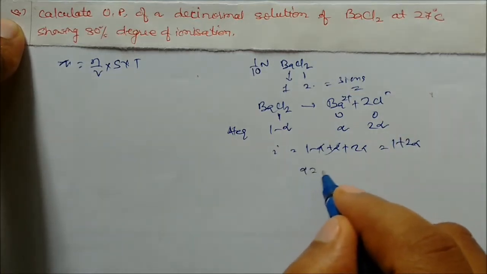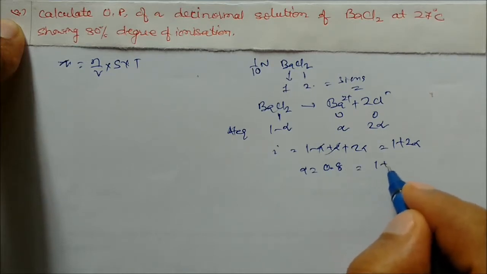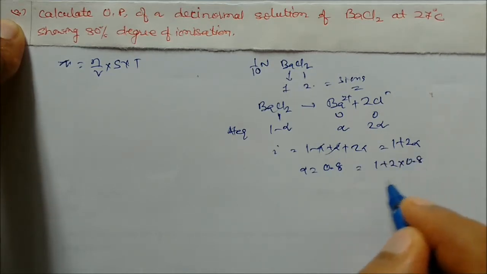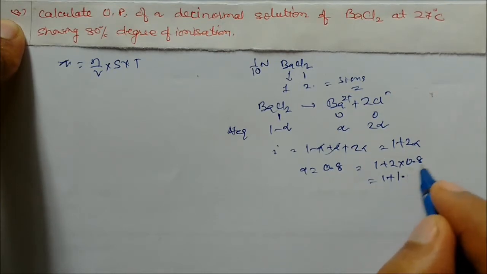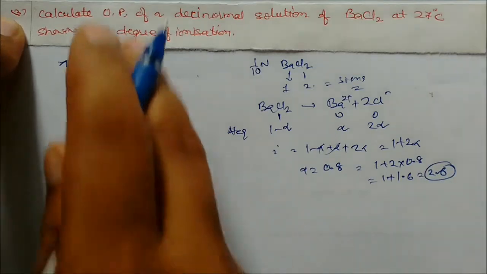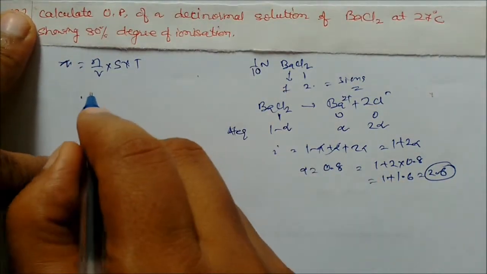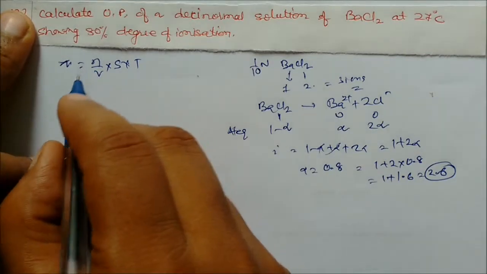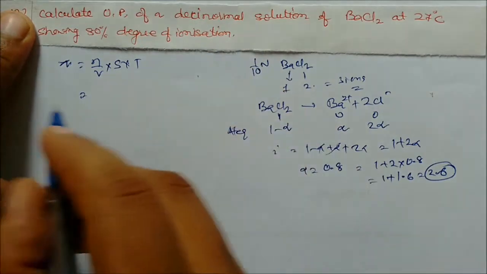And alpha is already given, 80% is 0.8. So total will be 1 plus 2 into 0.8. So this will be 1 plus 1.6, total will be 2.6. This is the total given, 2.6. Now if you solve it here, n they have given as decinormal, so 1 by 10.